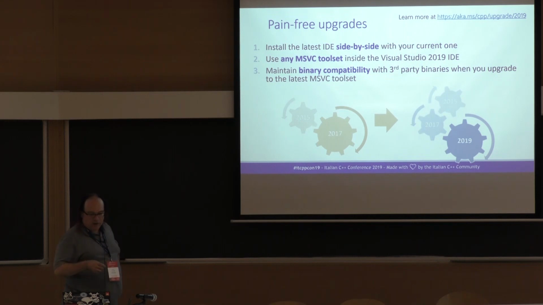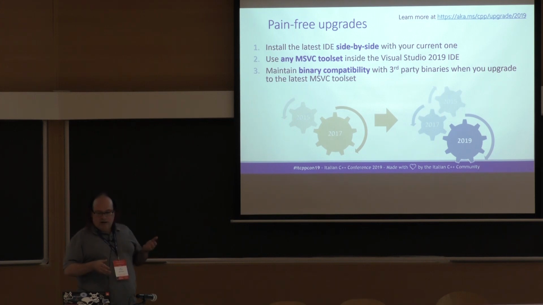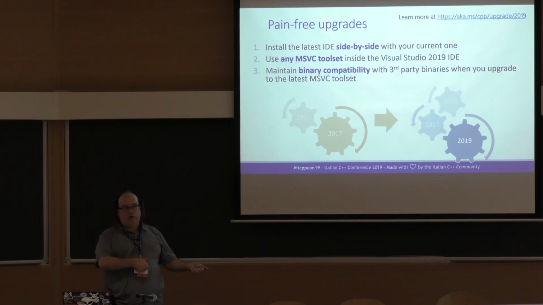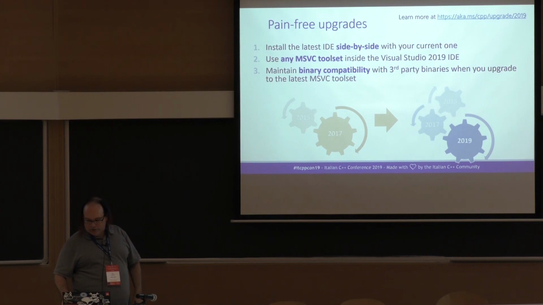The other thing we're working on is to maintain binary compatibility, because we'd seen that it was very difficult for people to upgrade, not necessarily because of side-by-side issues, but because they didn't have binary compatibility with third-party binaries, and so that was forcing people to stay on an older version of MSVC. So starting around 2015, we've really tried to maintain binary compatibility, and to date through 2019 we've maintained that compatibility, so you should be able to mix and match with older versions of binaries produced by older toolsets.